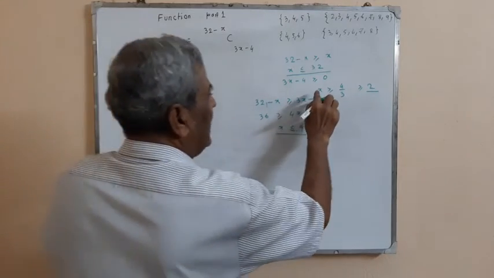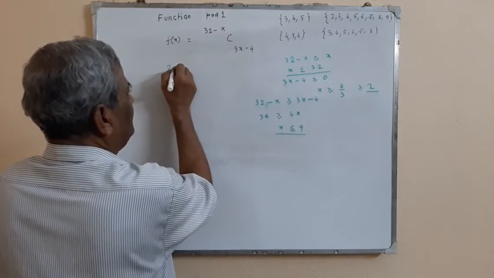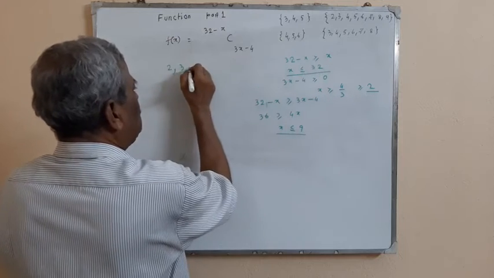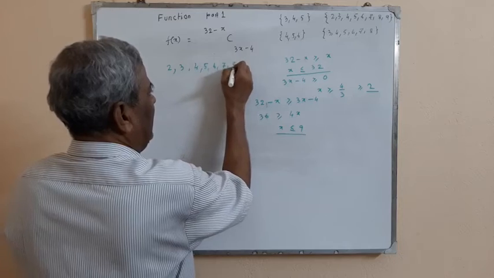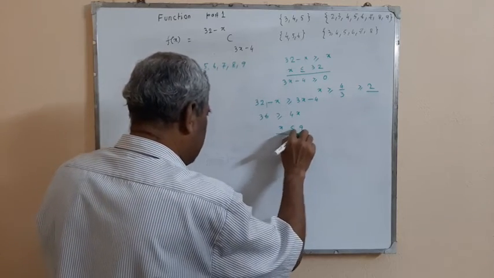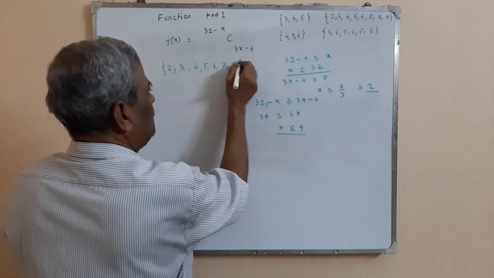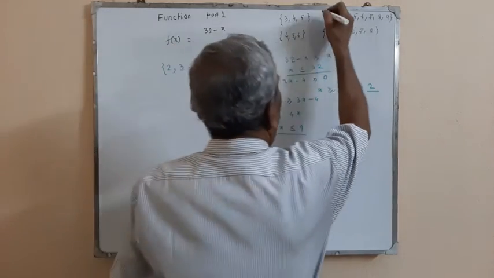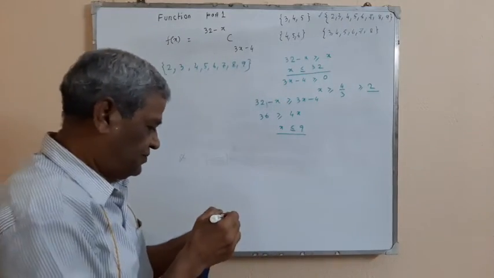So the list is 2, 3, 4, 5, 6, 7, 8, 9, satisfying all three. We have to stop there because x should be less than or equal to 9. So this is the correct option. Option B, 2 to 9, is the correct option.